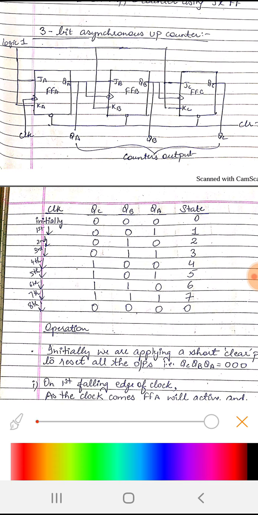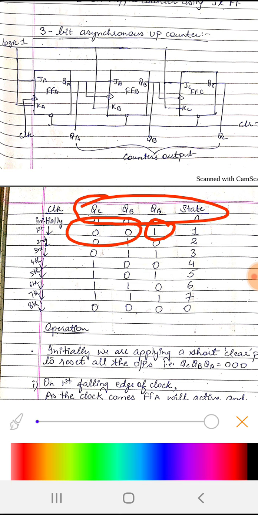Initially we have 0 in all the flip-flops. After the first negative edge, QA becomes 1 and the others remain 0. Now at the second falling edge, QB becomes 1, QA becomes 0 and QC remains 0.